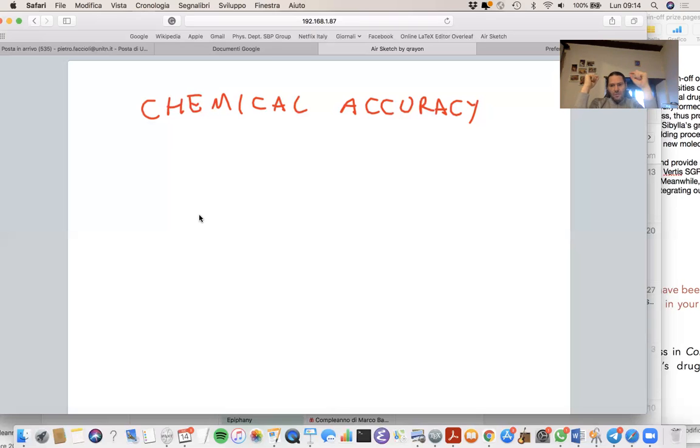So this is a huge, huge, huge challenge. And this is, in a wordy way, what we mean by chemical accuracy in the field of molecular simulations. And it is, in fact, a challenge in the field.